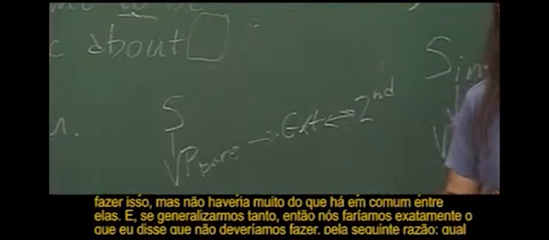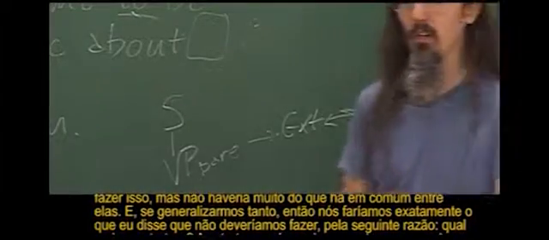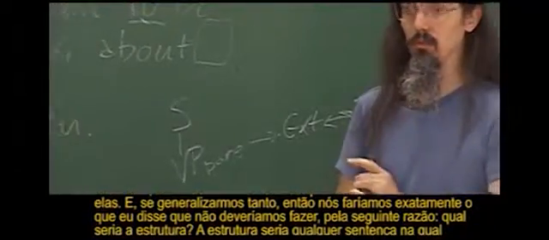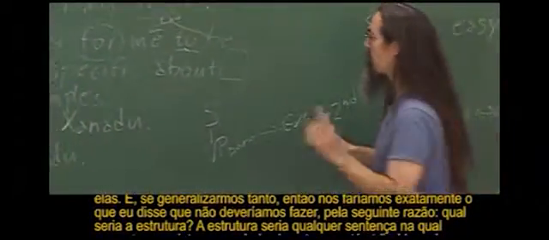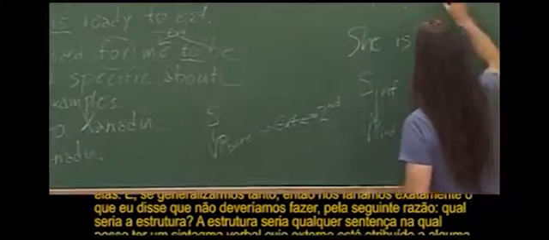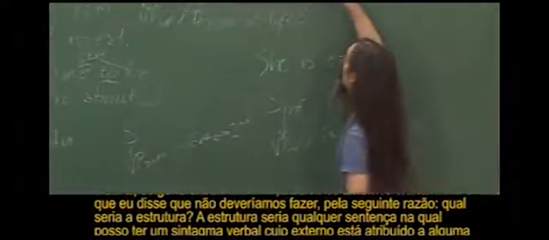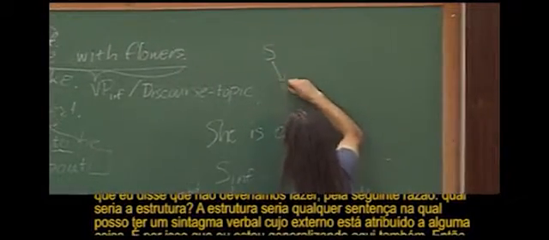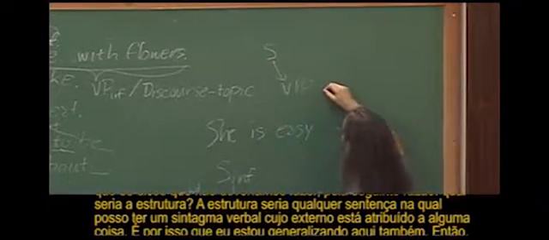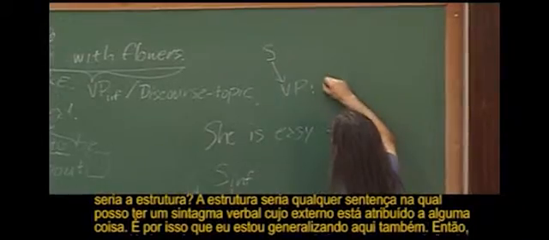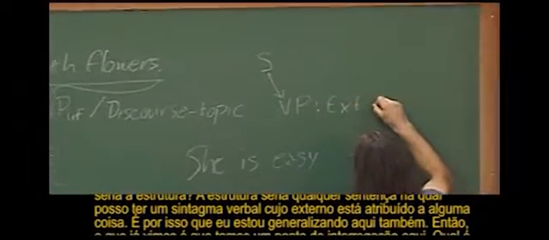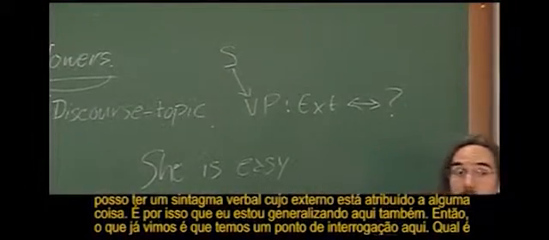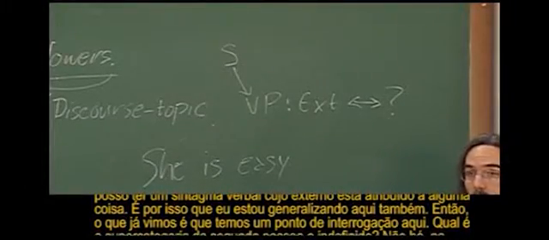And if we generalize that far, then we would do exactly what I said we shouldn't do, for the following reason. So what would the structure be? The structure would be: any sentence, I can have a verb phrase whose external is assigned to something. Right? I mean, that's what I'm generalizing to here.